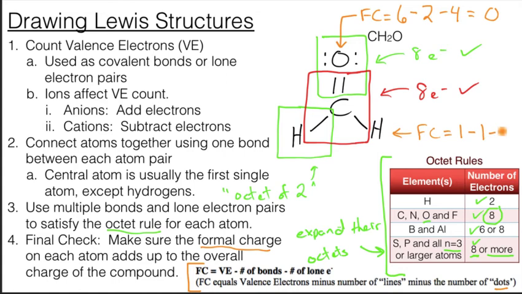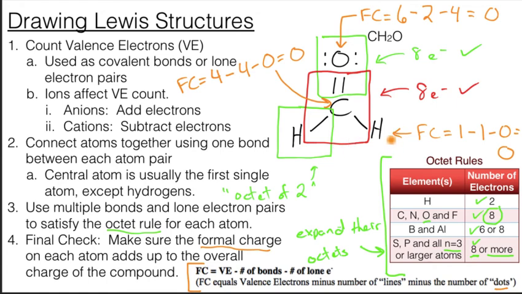There are no lone electron pairs. That equals 0. Great. The carbon here, valence electron count is 4, has 4 bonds around it, and then it has 0 dots, 0 lone electrons. It's equal to 0. Okay, great.